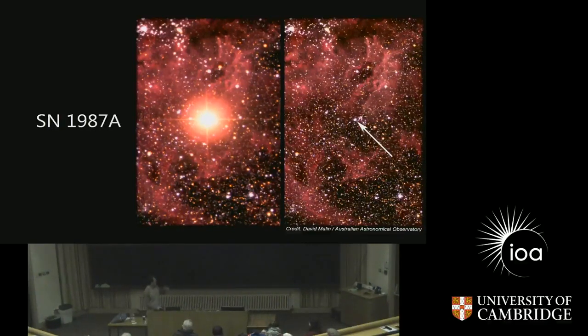So on the right there is a picture which includes the star, and this is a picture from before 1987. So after the supernova was observed on Earth, astronomers went back to the archives and looked at pictures of the same region in the sky, and they identified clearly that there was a star there, and this star exploded. So this is another part of the story of exploding stars. We know that there is a star there, and then it explodes.